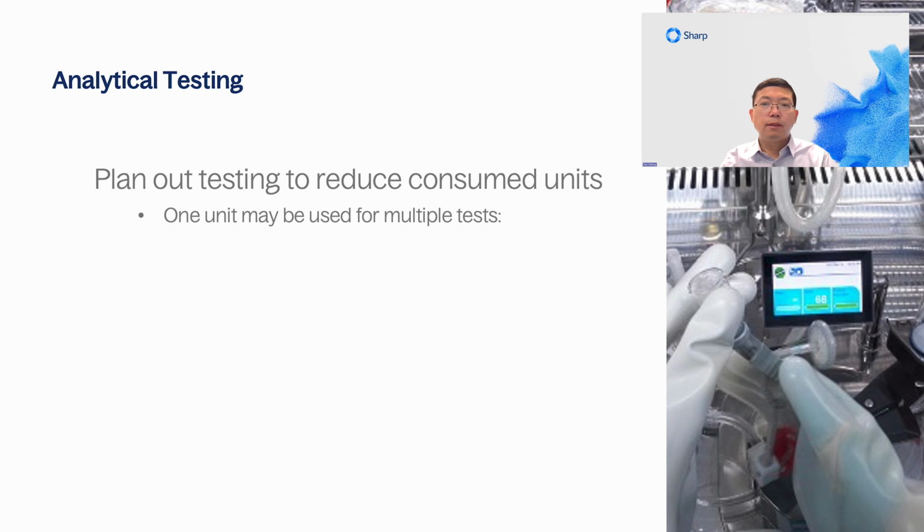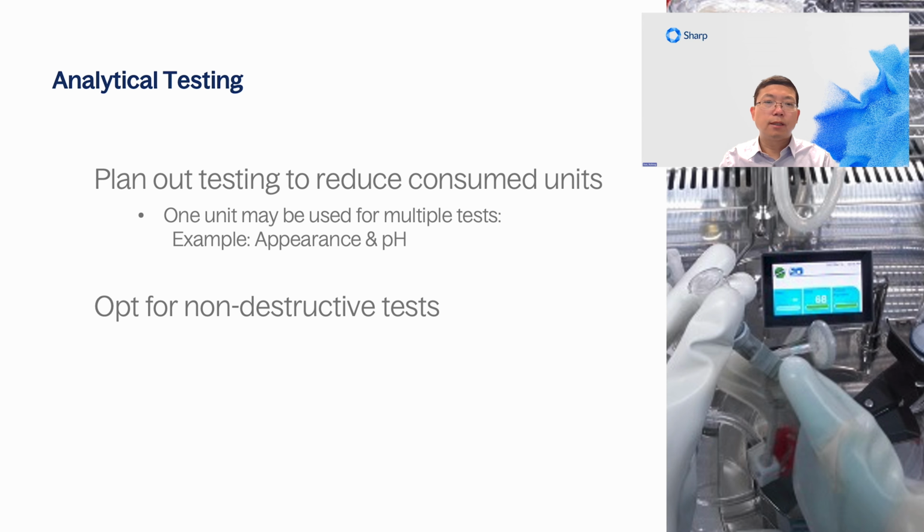For example, if appearance and pH are required, then appearance can be assessed before pH is measured. You may also be able to opt for non-destructive tests to minimize the number of units required for analytical testing.